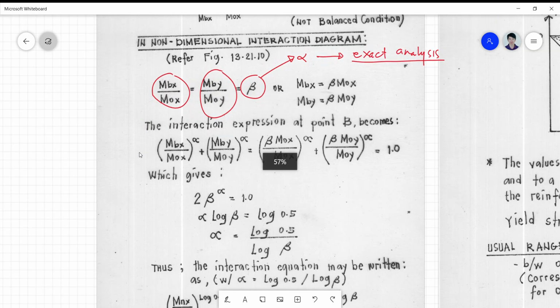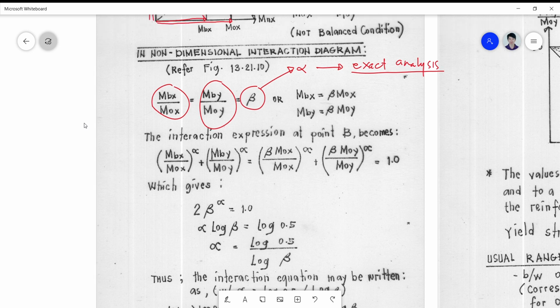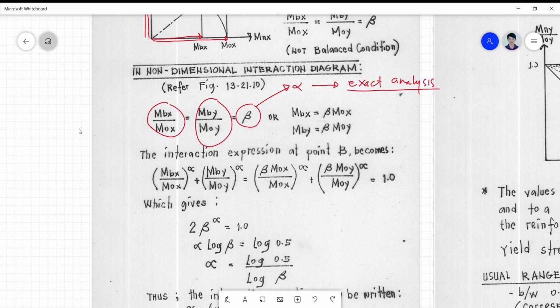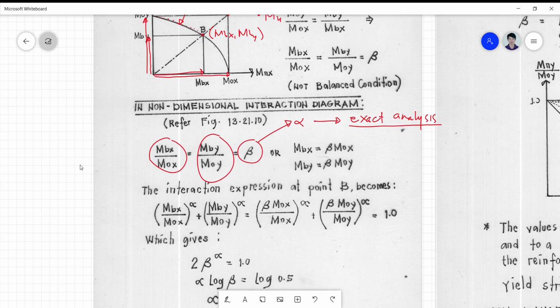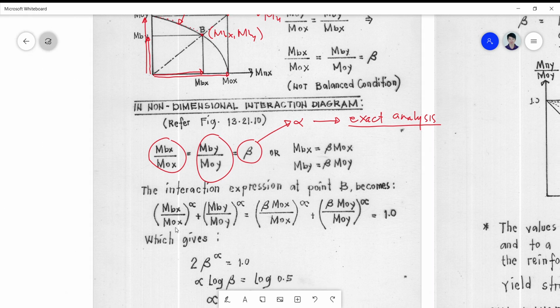Okay, the interaction expression at point B becomes now this by simply substituting the value of MNX and MNY. So MBX over MOX alpha. So MNX was replaced by MBX, MNY was replaced by MBY.